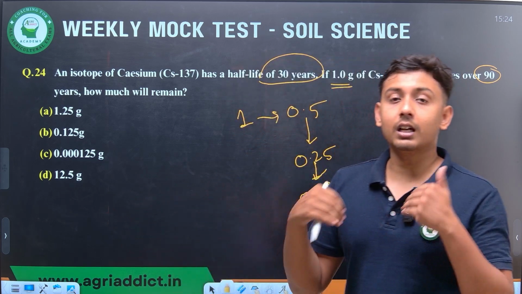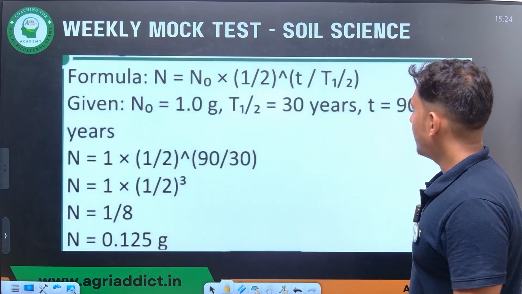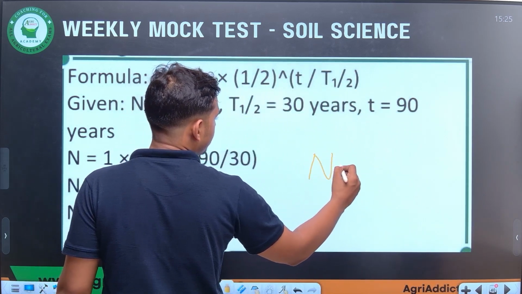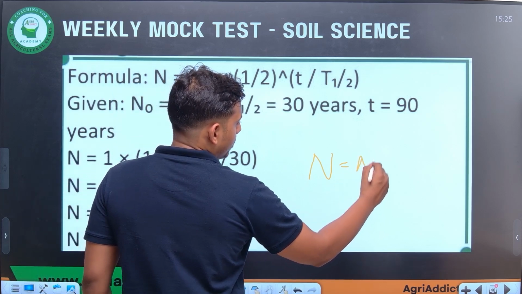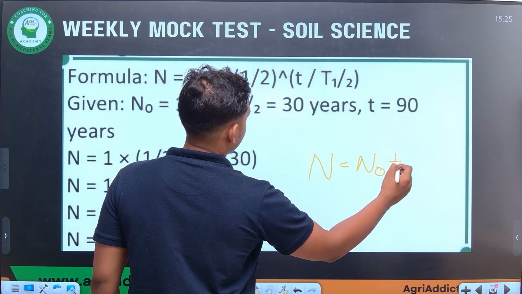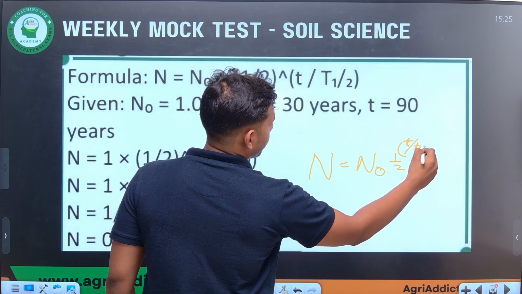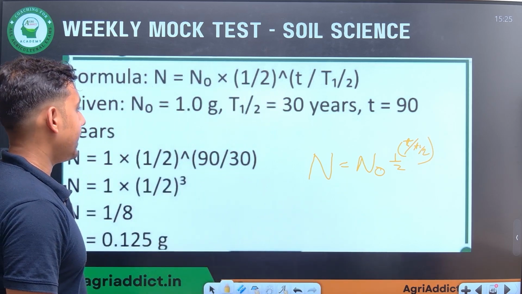But when the digits are complicated, or higher in number, we cannot calculate by this easy method. We have to know the formula. The formula is N equals N0 into half to the power T by T half.